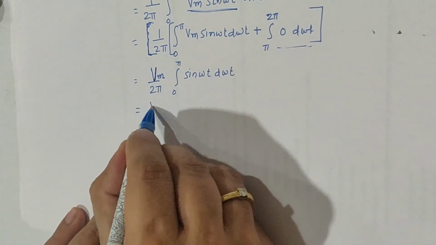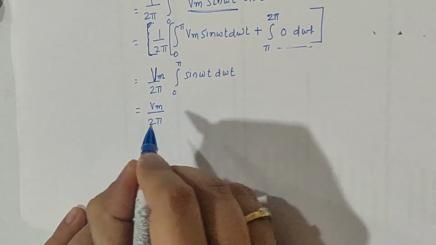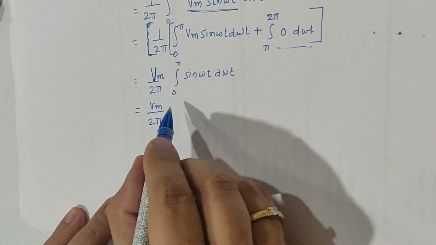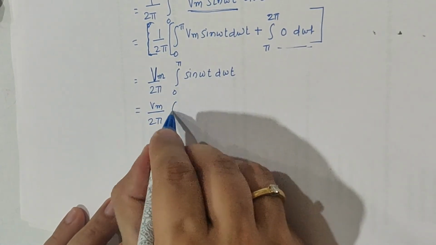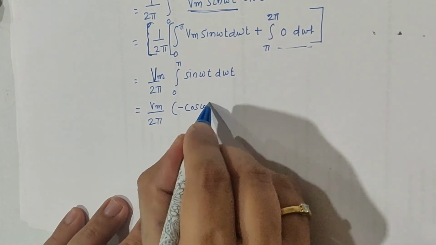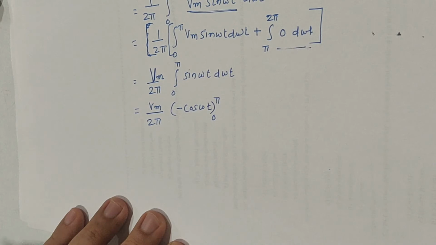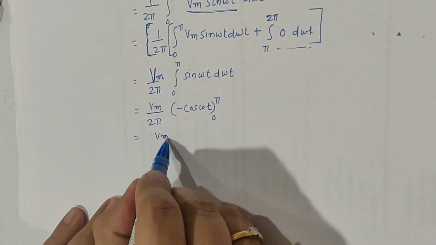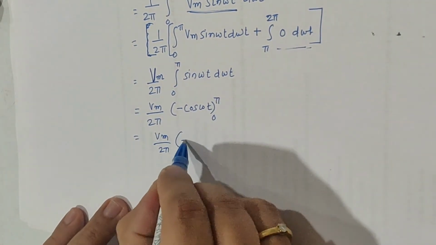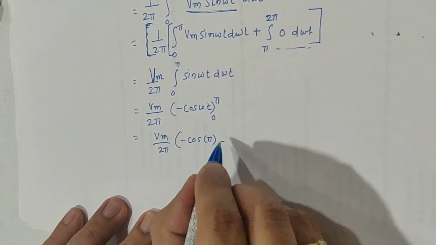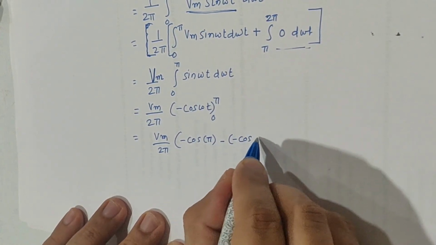So it is Vm by 2 pi. What is the integration of sine omega t? It is minus cos omega t. So I write minus cos omega t from 0 to pi. Let us put the limits: Vm by 2 pi, minus cos of pi minus cos of 0.